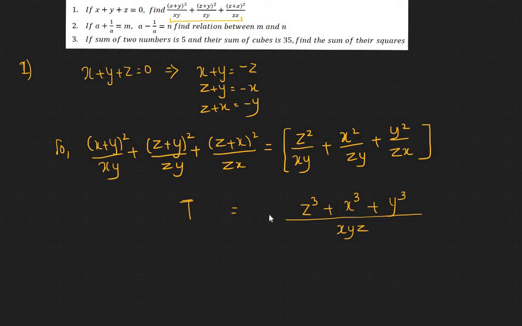Wait a moment. In one of the previous videos we saw something interesting. If x plus y plus z equal to 0, then this quantity z cube plus x cube plus y cube amounts to something, and I would like you to pause this video and think about this. You have already seen what this could be.